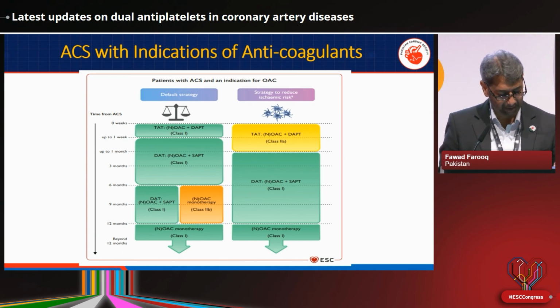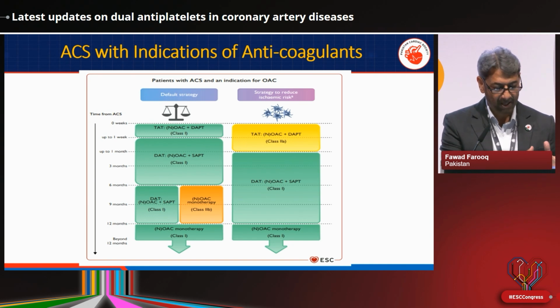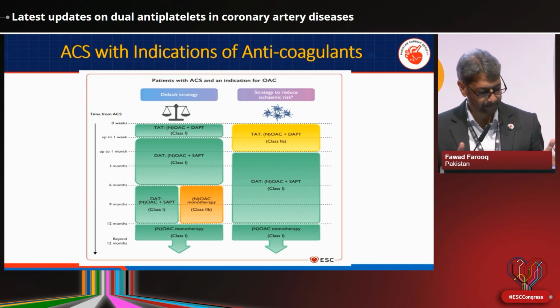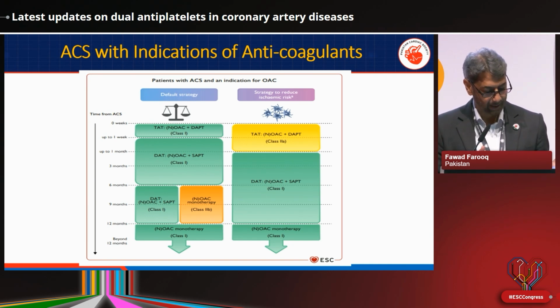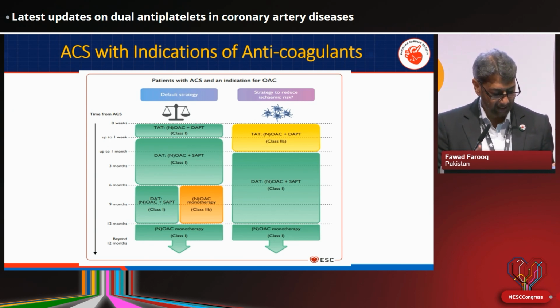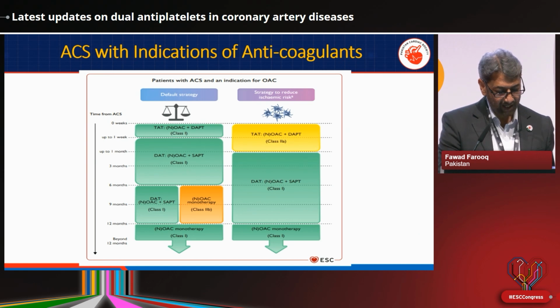After 1 month, you switch to dual antithrombotic, meaning NOAC and a single antiplatelet, where even ticagrelor can be used, but if you started triple therapy with clopidogrel, you can continue with clopidogrel and your anticoagulant as well. But in a strategy to reduce ischemia risk, you can continue the triple therapy for 4 months.